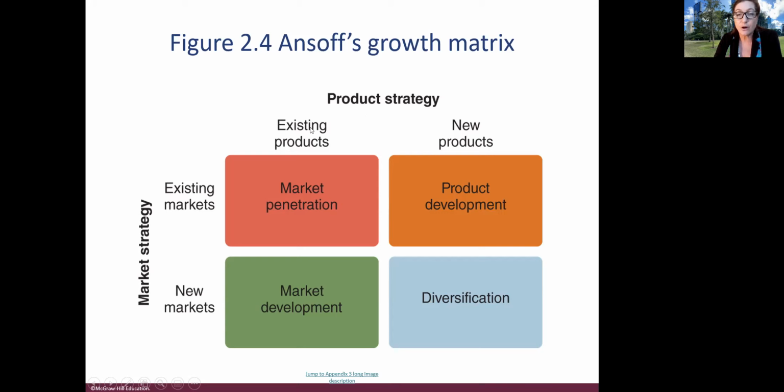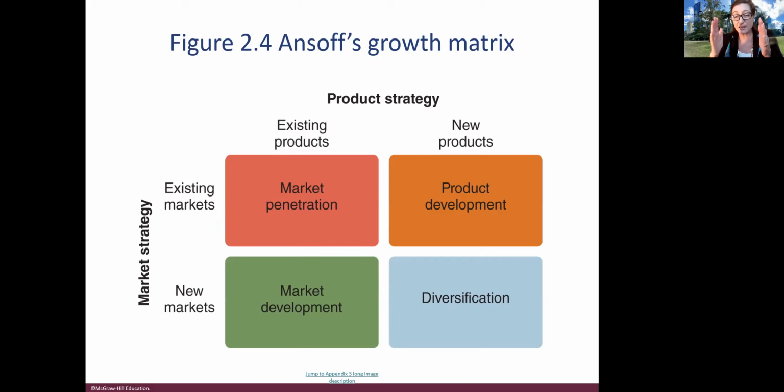are focused on existing markets and existing products, in other words, taking the products that we have in our stable on our menu at the moment, and using those existing products to target existing markets, we're talking about a market penetration strategy.